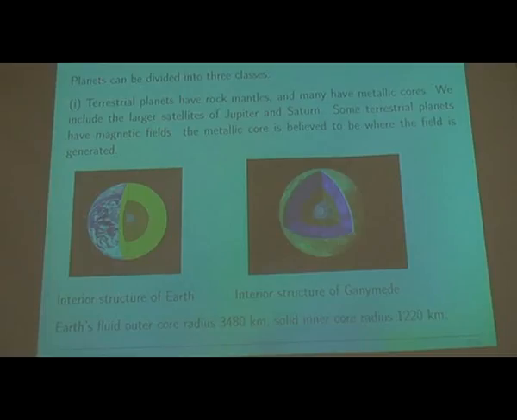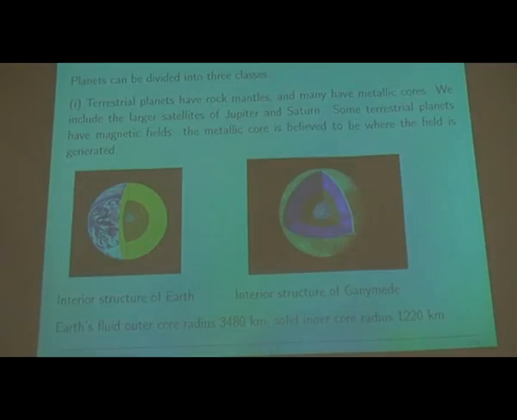But let's start with the terrestrial planets, because they mostly have rock mantles, like the yellow region there in the Earth, and many of them have got metallic cores. This little picture indicates the brown region, which is the fluid outer core, and then there's the solid inner core, which is the solid iron part of the core of the Earth. And it's of course in this brown region, this fluid outer core, where we believe that the dynamo is actually operating. That's where the magnetic field is generated.